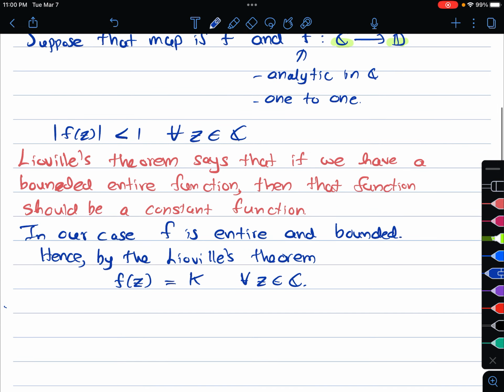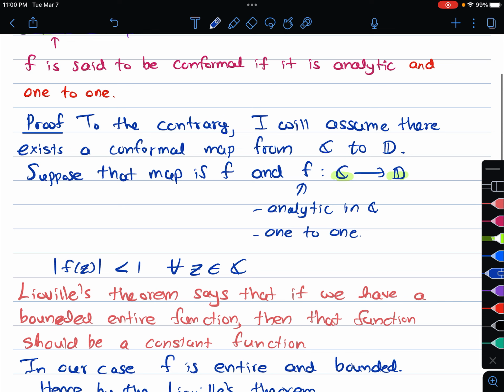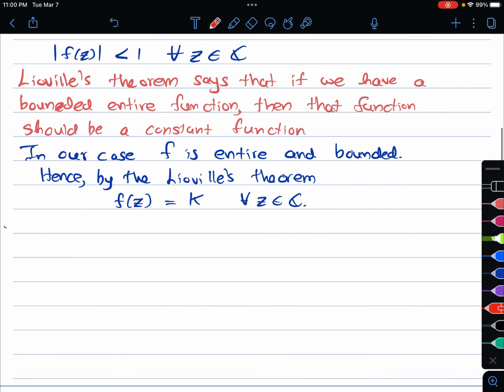Now, according to our assumption, f is analytic and one-to-one. f is analytic in C and one-to-one. Now we got a result that f is equal to k. That means the whole complex plane is going to map to some value inside this unit disk. So the whole complex plane will be mapped to this point.